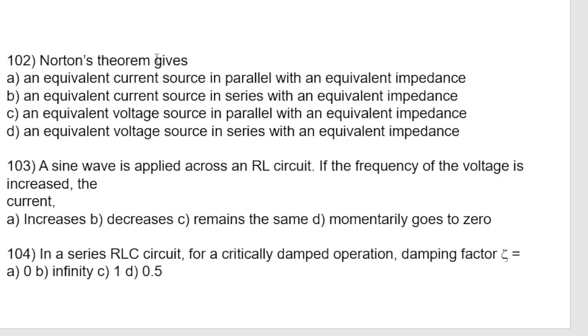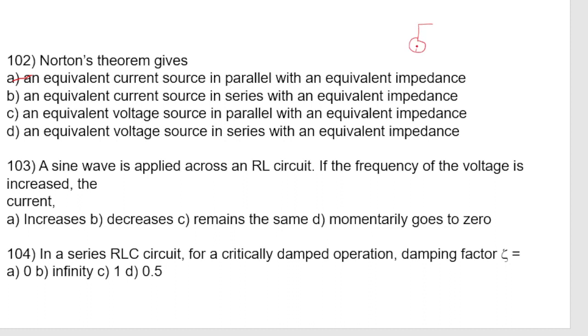So now Norton theorem, again from network. An equivalent current source in parallel with equivalent impedance, equivalent current source, not series, okay, in parallel. So what is the Norton equivalent?